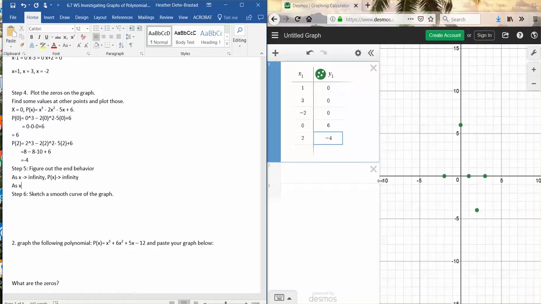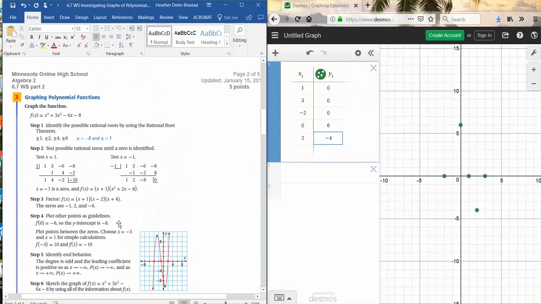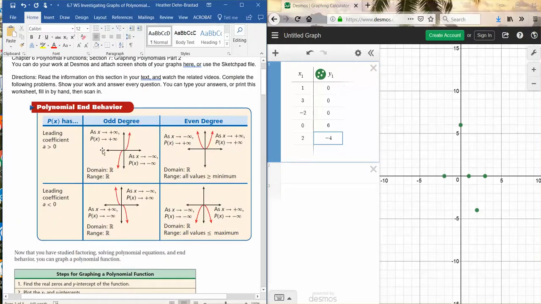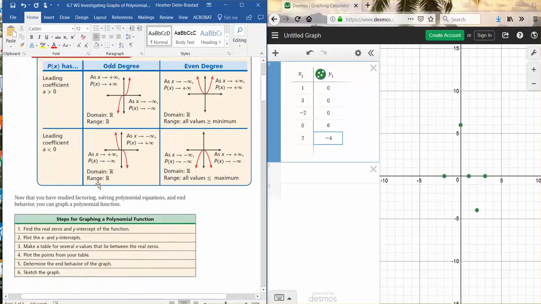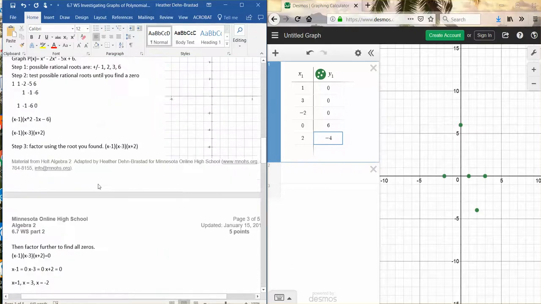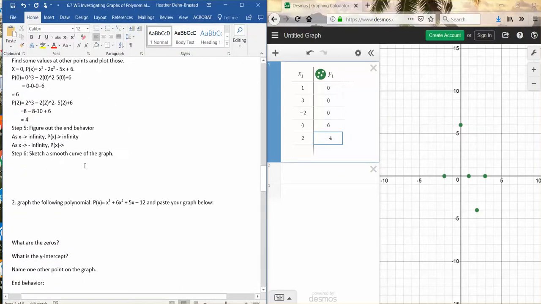And as x approaches negative infinity, my function is going to approach, and you can look back at the table to double check, but I think it's negative infinity. As x approaches negative infinity right here, p of x approaches negative infinity. It's going to get farther and farther down. The domain and range are both all real numbers. I don't think I asked you for that.